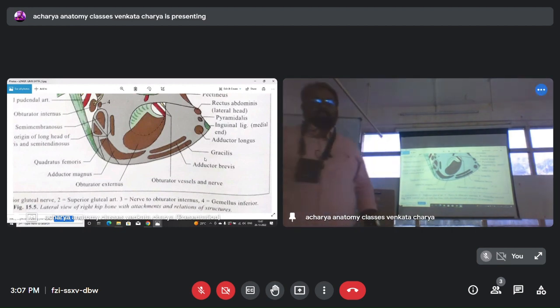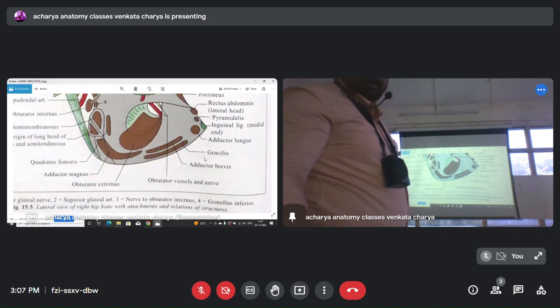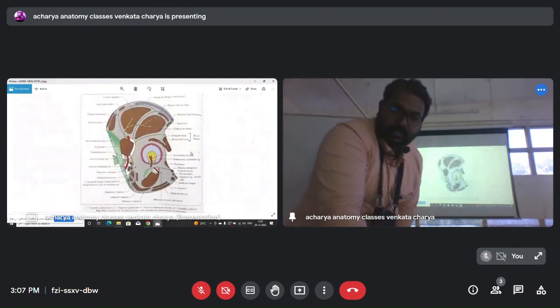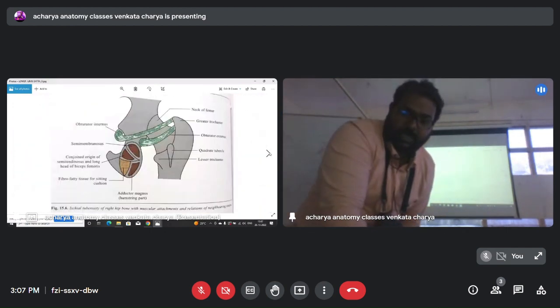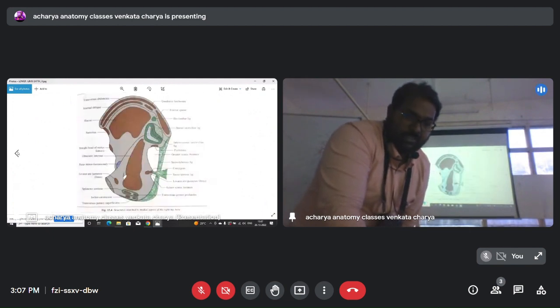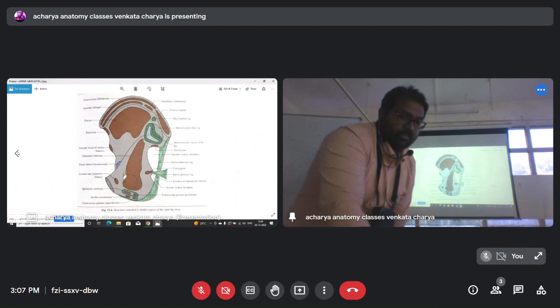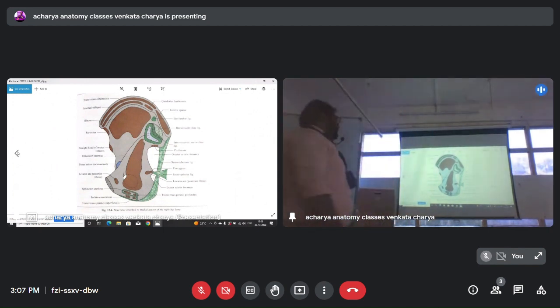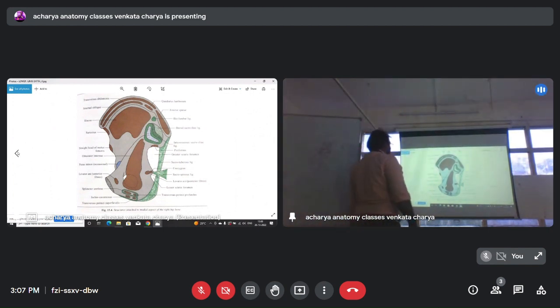Inner surface. In the inner surface, there is the origination of obturator internus and levator ani anterior fibers.